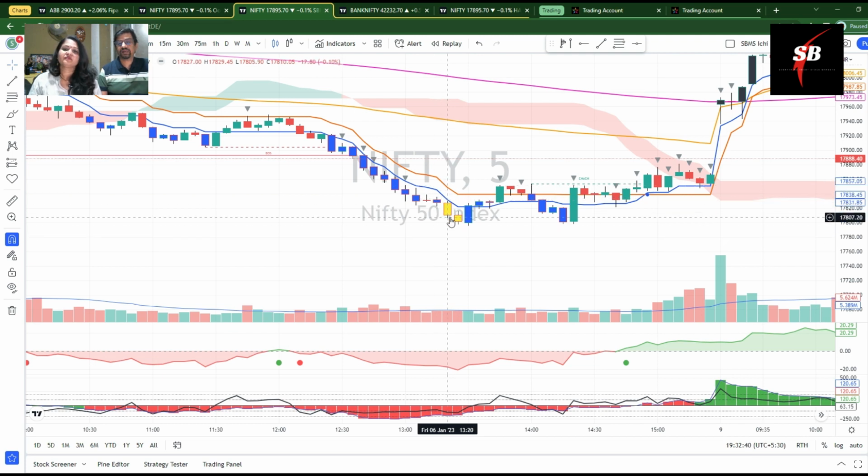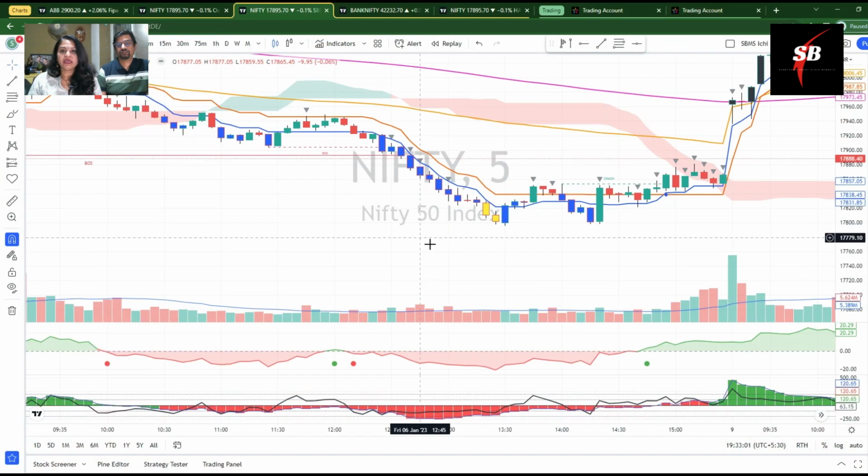Anytime you should be ready to exit to secure whatever gains happened in the trade. The first yellow candle high itself must be your trailing stop loss. Ultimately, a close above this blue line is our exit from the trade.